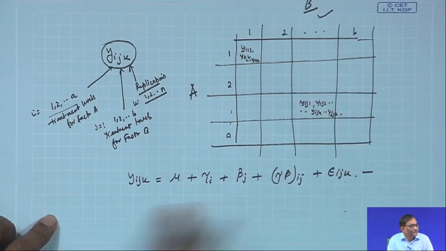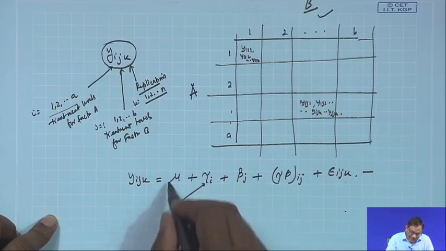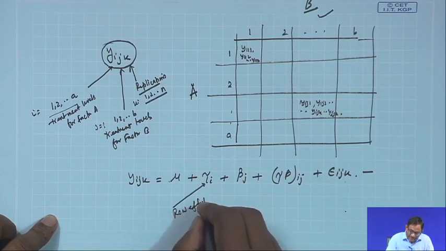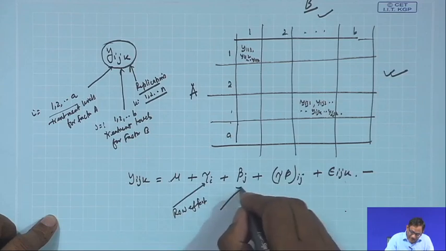And this is your model. So I can say another way also, considering this kind of table, this is row effect, this is column effect.